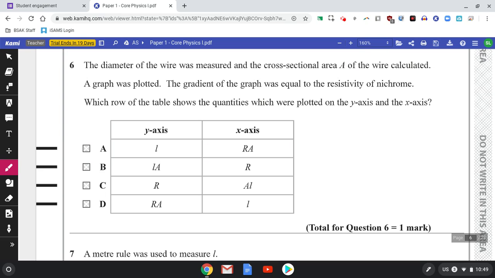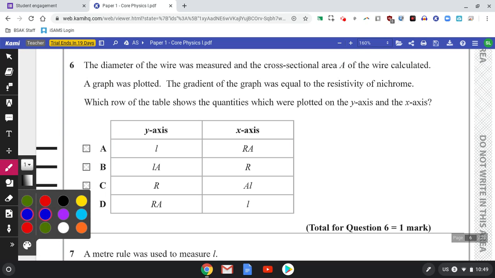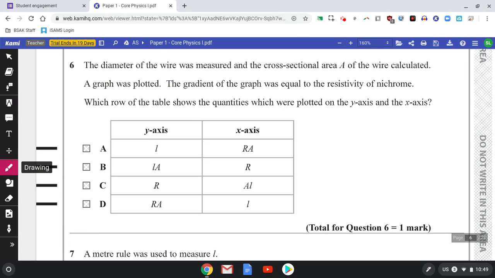Right, what's the equation for resistivity? Well, for a wire, resistance is directly proportional to length. Resistance is inversely proportional to cross-sectional area. The constant of proportionality is resistivity, rho.